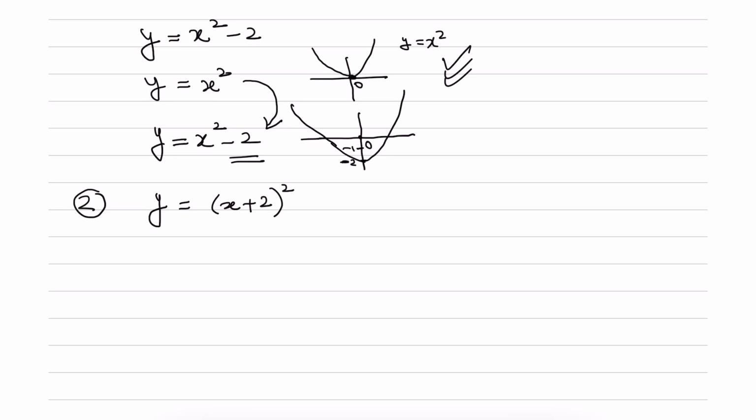In order to sketch this graph, I will again write the base graph. The base graph here is y equal to x square. You know the shape of this graph, which is again the parabola y equal to x square, and its origin is here.